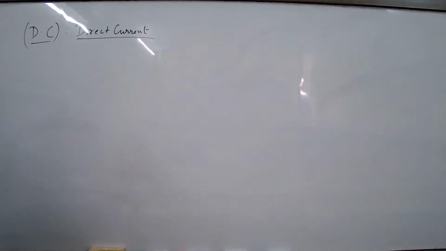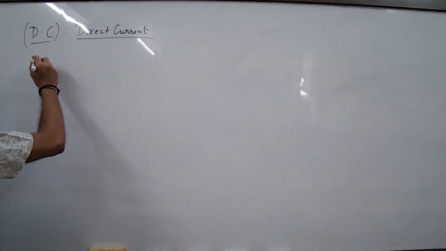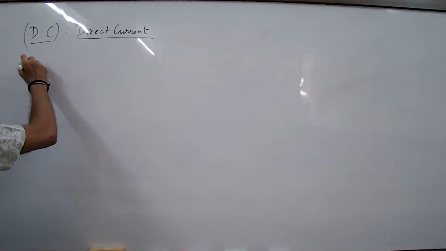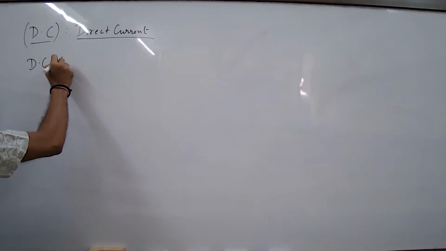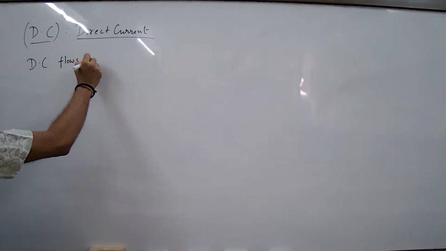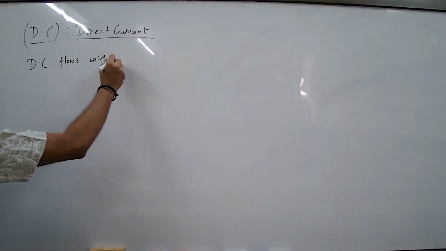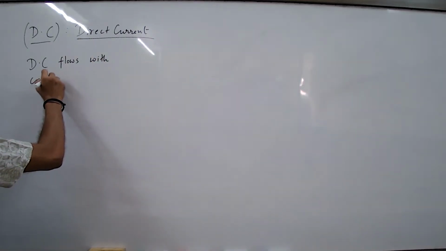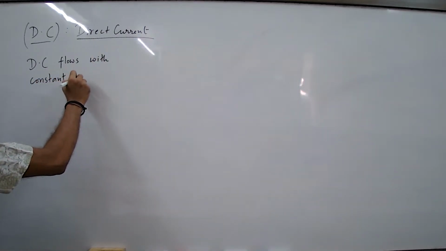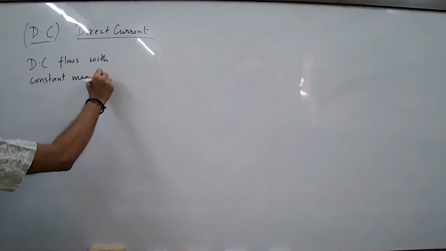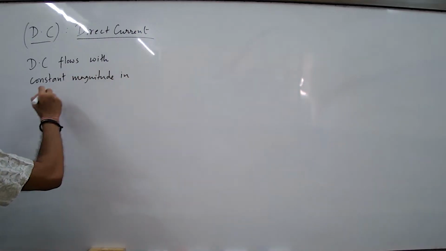So DC, as it is called, acronym. Direct current flows in one direction and its magnitude remains constant. So DC flows with constant magnitude in the same direction.